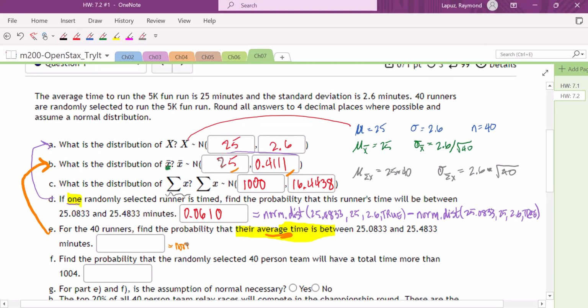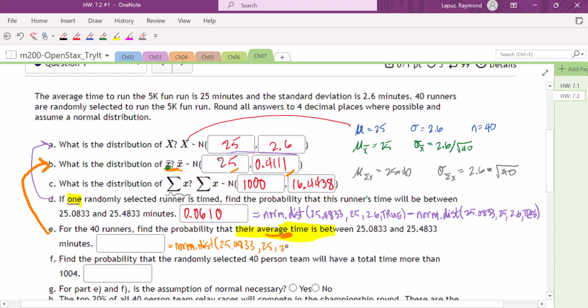It's going to be between two values, so it's going to be norm.dist of something minus something else. So this first something is 25.4833, and then our mean is still 25 because we're at this distribution, but our standard deviation now is different.